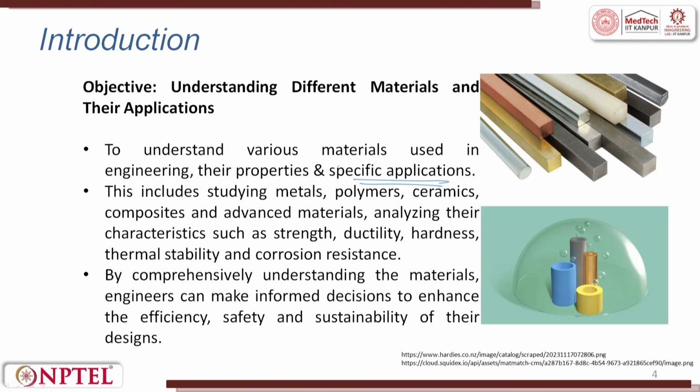This includes studying metals, polymers, ceramics and composites. And of course, today you have advanced materials or exotic materials. So, we also try to study more and more about them, because today we need multiple combinations of properties for a material which are contradictory.